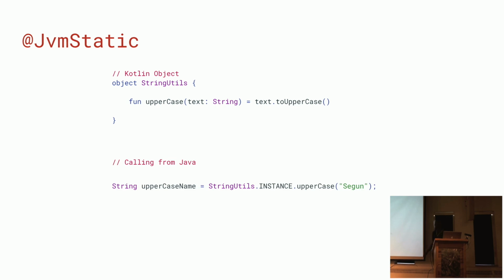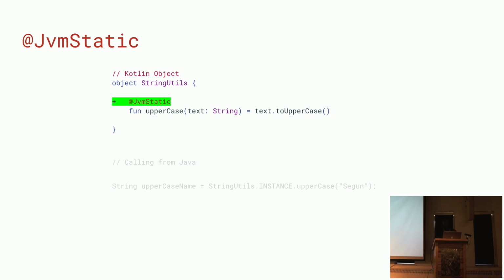If we call from Java, it's this not so good looking line of code, StringUtils.INSTANCE.uppercase, and this is really bad for an API if you're writing one. To fix this, we add the JVM static annotation, and we're able to access uppercase just like a normal static method in Java, which is really nice.